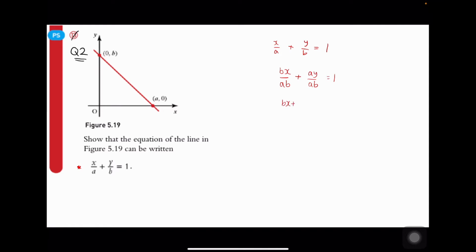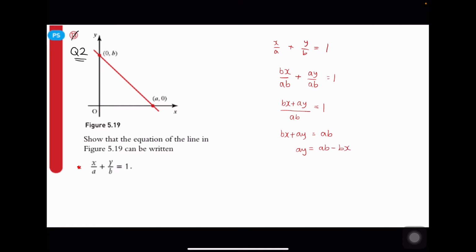bx plus ay over ab equals 1. Multiply both sides by ab. And remember, we want to make y the subject, so I'll write ay for now. ab take away bx.